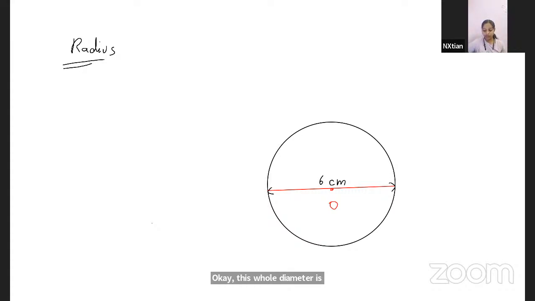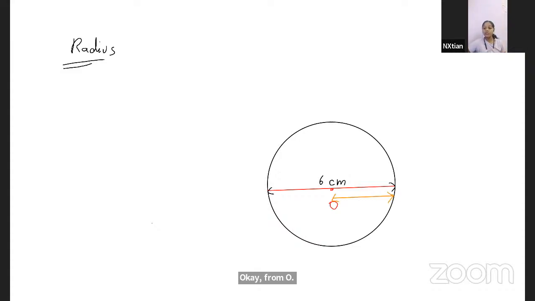And we know that radius is how much? If I make my radius also in this, radius equals diameter by 2. This much is my radius, from O to the circumference.